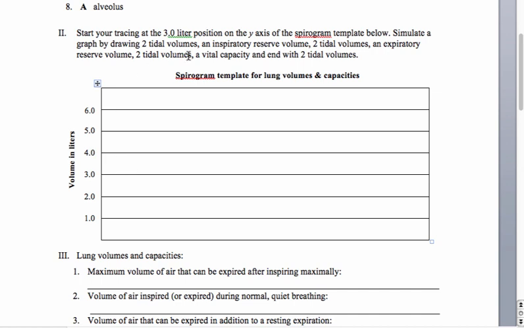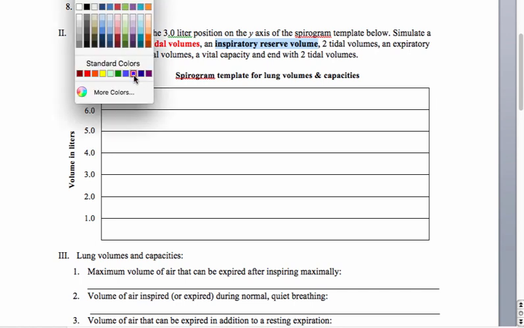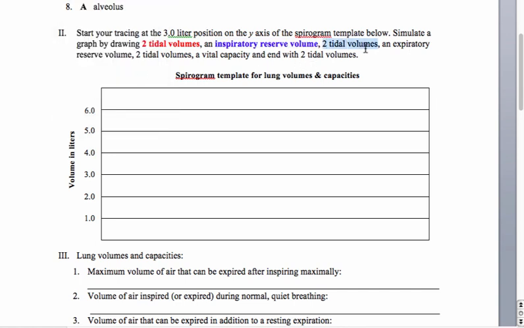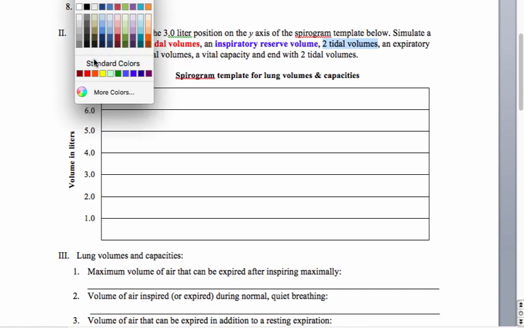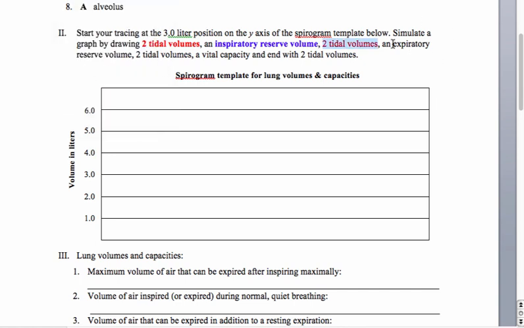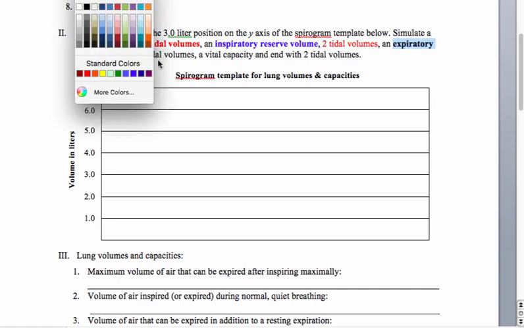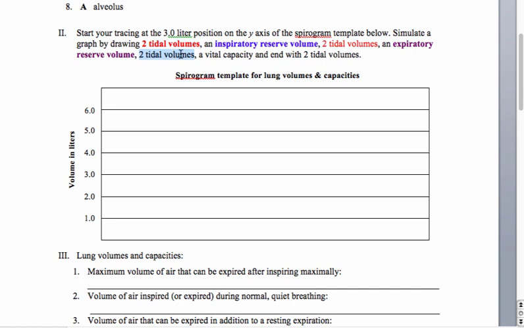And you are drawing 2 tidal volumes, an inspiratory reserve volume, which is the IRV, 2 more tidal volumes, an expiratory reserve volume, 2 more tidal volumes, and then the vital capacity will end with 2 tidal volumes.